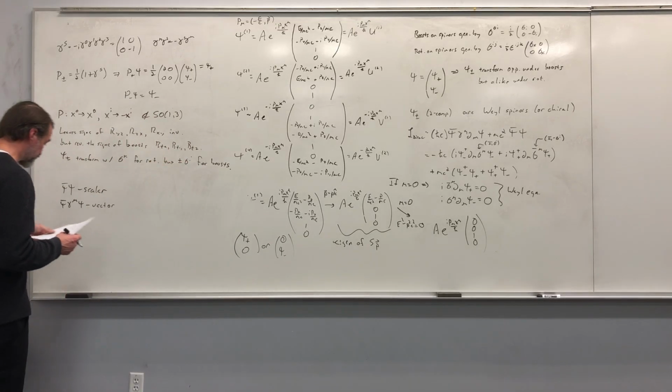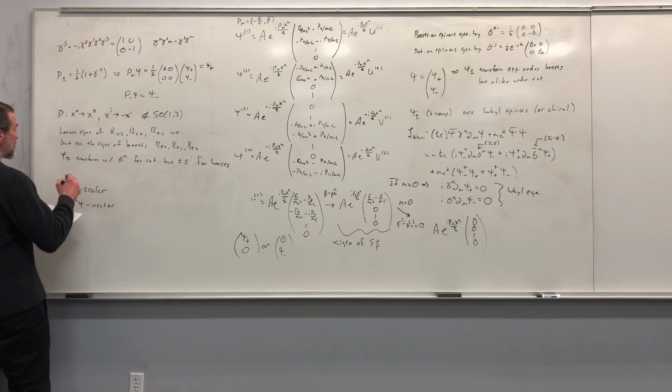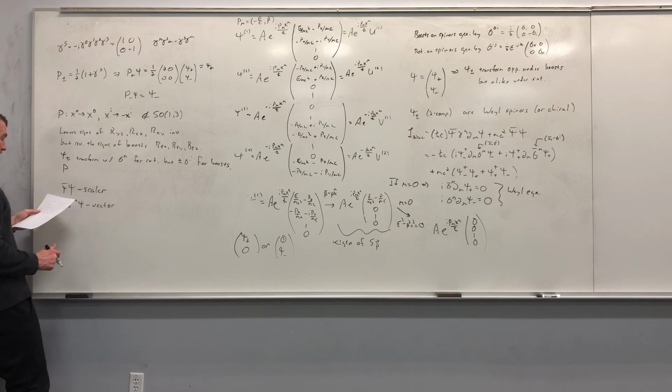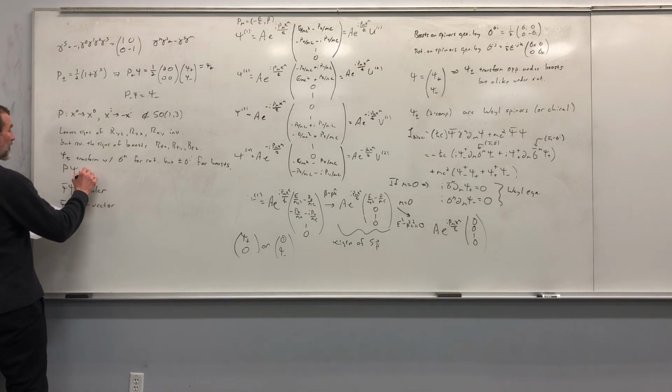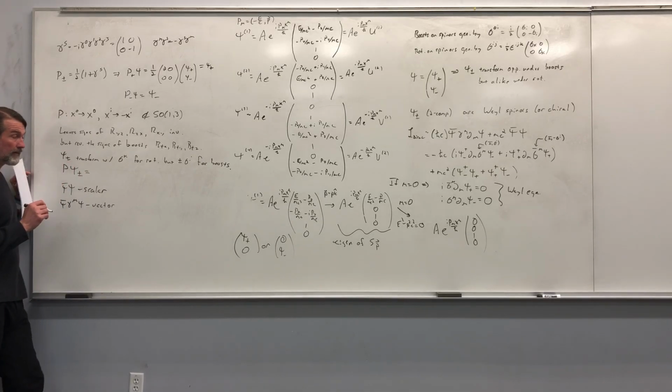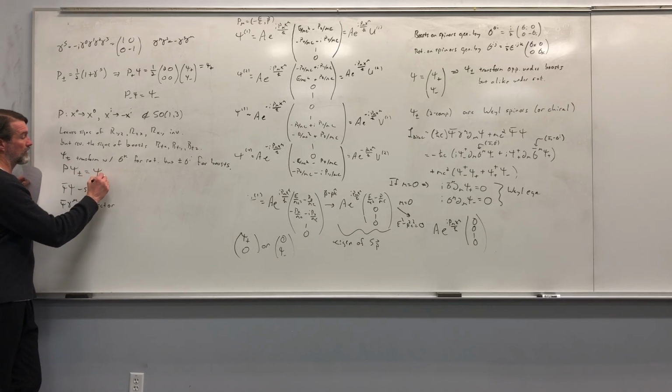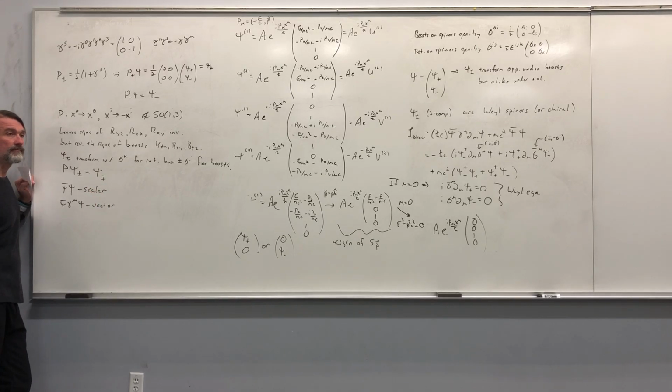All right. So we can immediately infer that if we enact the parity transformation on psi plus or minus, then what that's going to do, are you ready? It interchanges them.